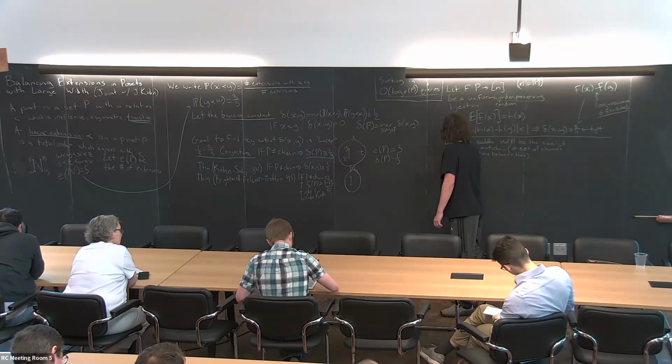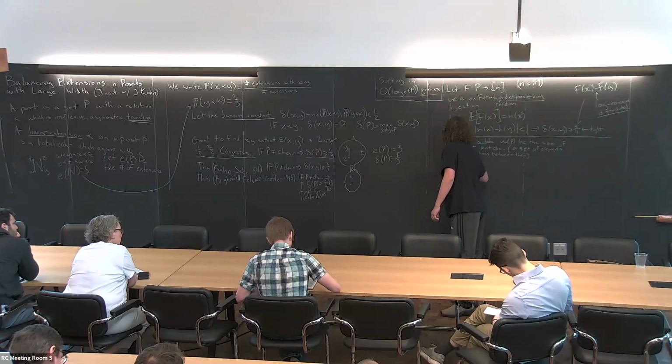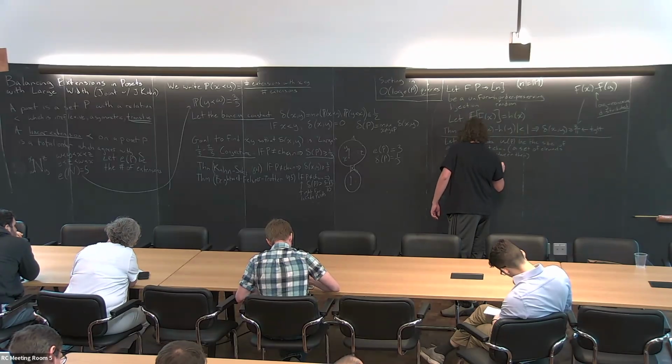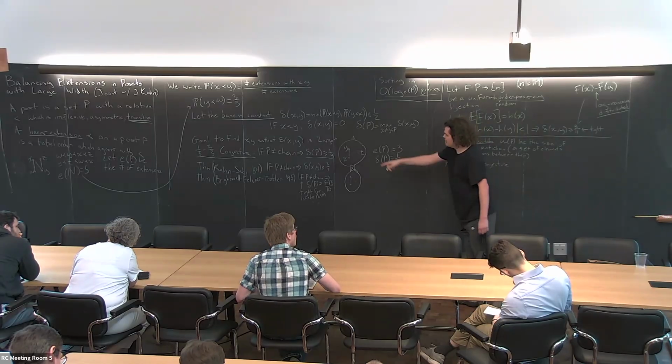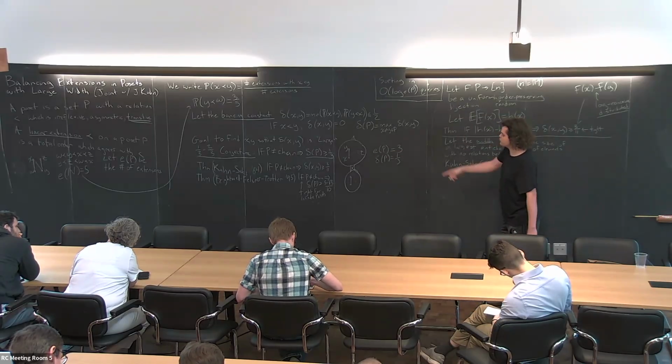Cool. So as I was alluding to before, this is our other conjecture, which we call the Kahn-Saks Conjecture, dating back to about when they published that same result.